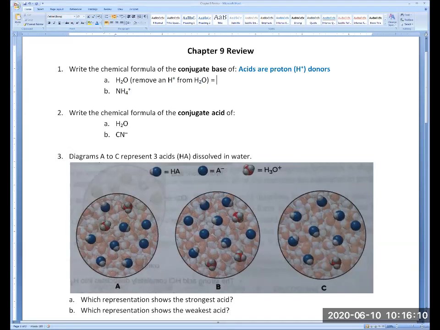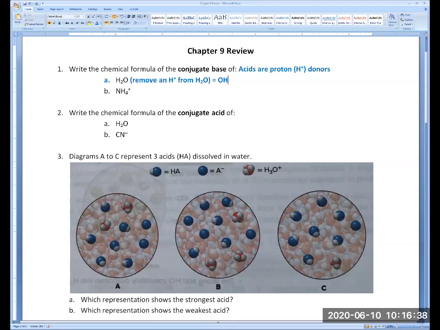When you remove an H plus from H2O, you're left with only 1 hydrogen, right? H2O is a bit particular because normally you would keep the formula in the order that the elements come in, but here we will write OH instead of HO, which is the same.